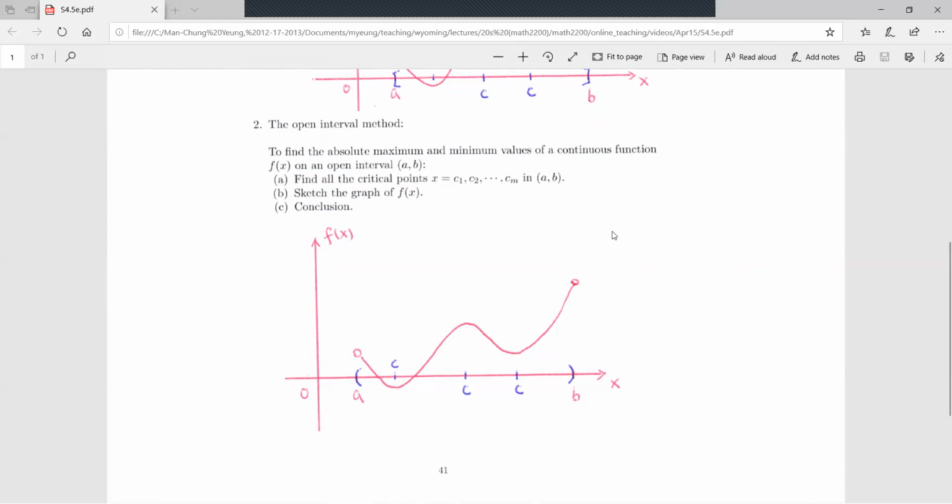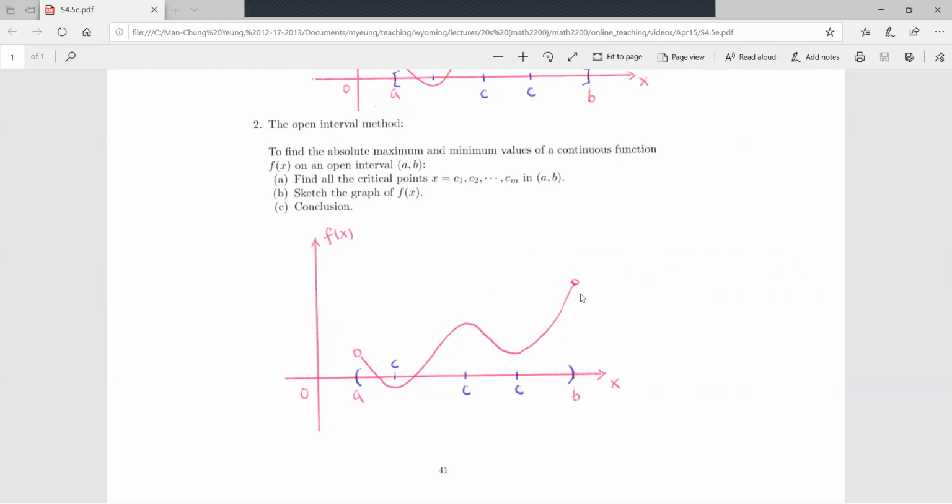This curve has 3 critical points. Then step 2, sketch the graph of the function. So from the sketch, we can see whether or not the function has a maximum or a minimum.